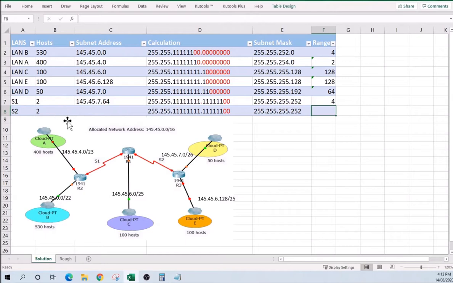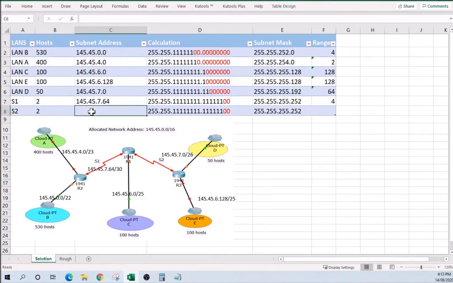Let me write down this address for serial 1: 145.45.7.64/30. Okay, so it will expand from 64 and it will occupy 4 more.